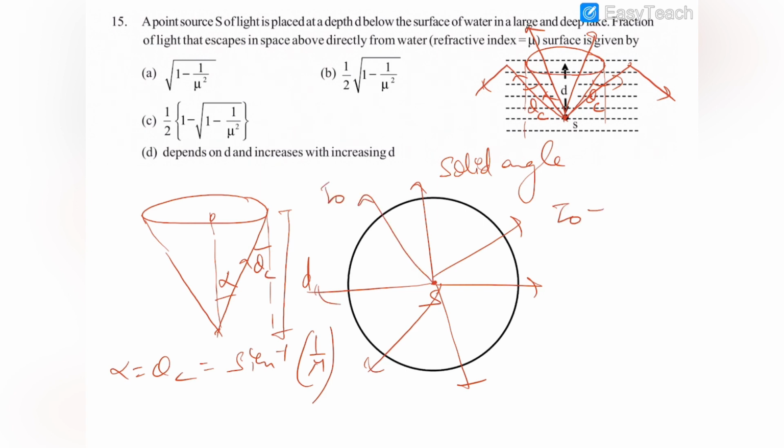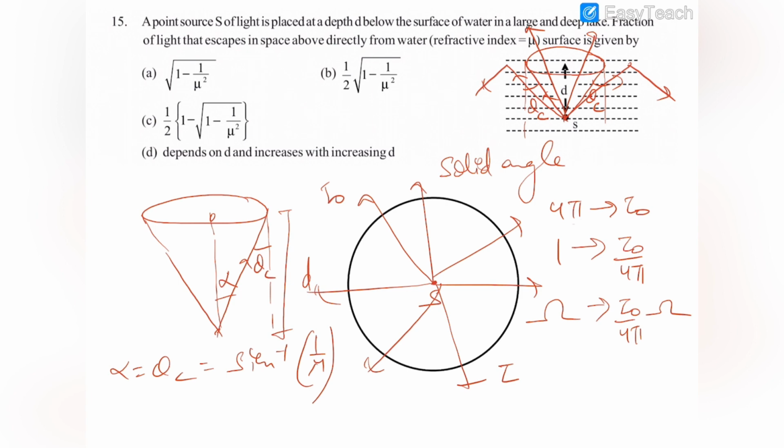So I naught intensity is escaping out of a solid angle of 4 pi. We can use the unitary method: the intensity escaping from one solid angle would be I naught by 4 pi, and for a solid angle omega, it would be I naught by 4 pi into omega.